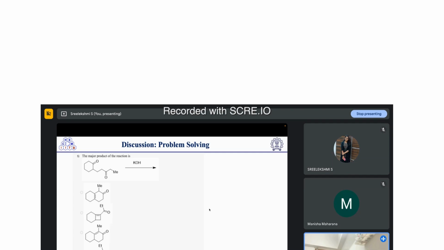Then the next one, the major product of the reaction. So here also one ketone is there, here also one ketone is there, in presence of KOH. Which will be the major product?